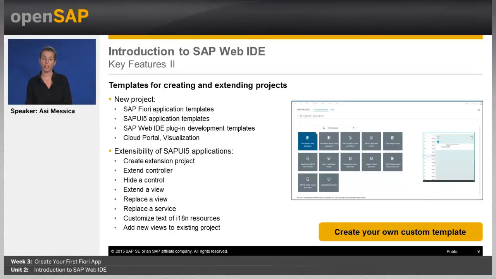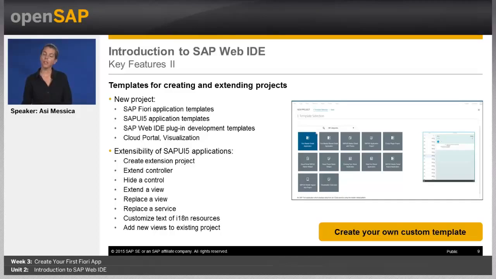We provide a template for developing Web IDE plugins and templates. And there are different SAP groups which extend the basic SAP Web IDE, which we provide, with additional capabilities like Cloud Portal templates and visualization.